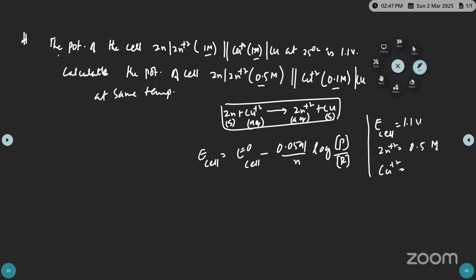Molar is nothing but molarity. Capital M means molarity. And what is the concentration of Cu+2? 0.1 molar. Right, substitute all the values.